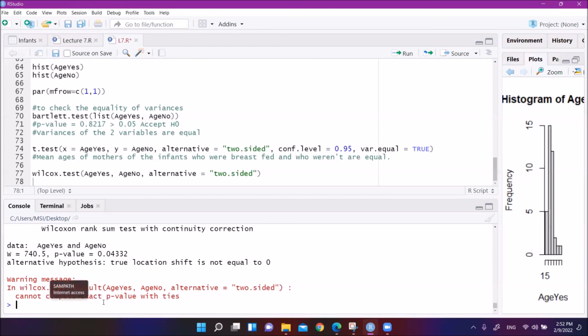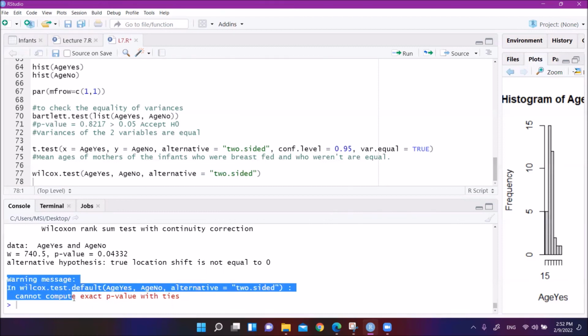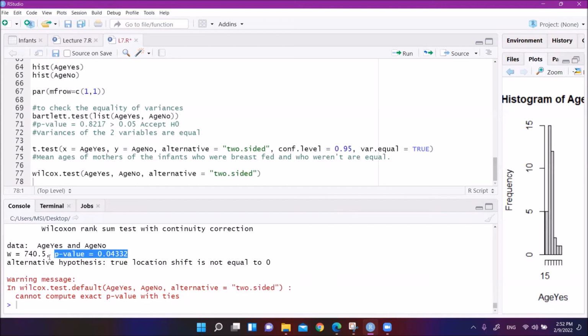But here they don't have the facility to handle tied observations. If we didn't have ties, they would not give this message. Just because our data set has tied observations, they are giving the warning message. Just disregard that, get the p-value and make your conclusion.